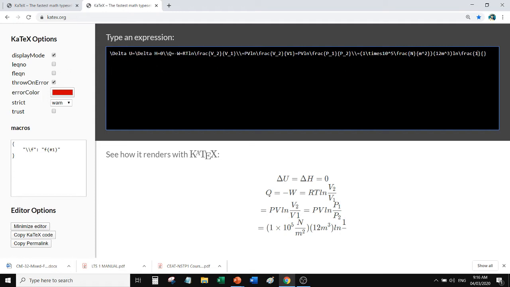P1 is 1 bar and P2 is 12 bars, so the units don't matter because they will cancel.